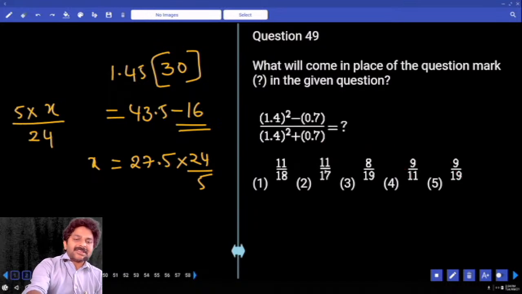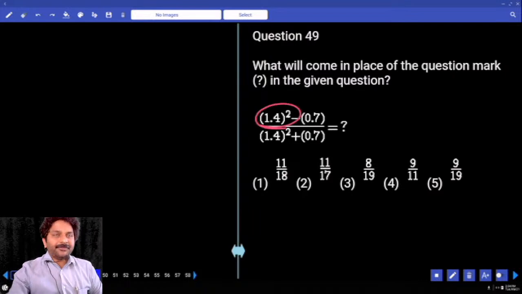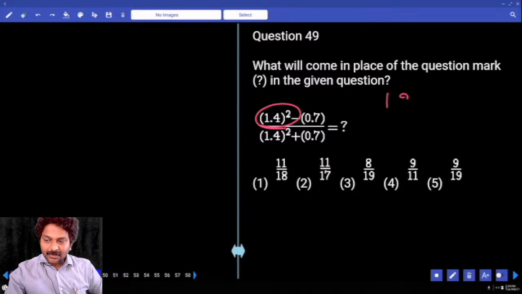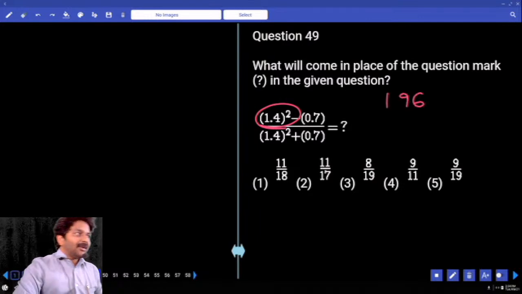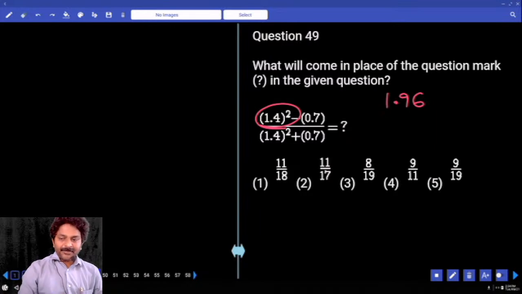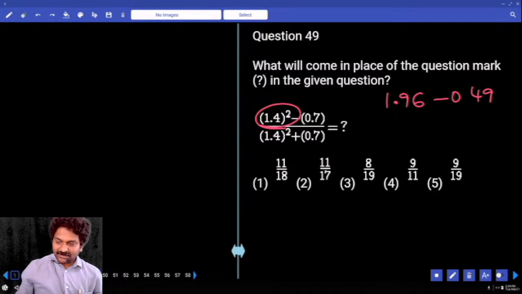Right, don't look at this as algebraic expressions or something like that. 1.4 whole square. Forget about decimal for some time. 14 square. Now if you want to keep decimal, original number has 1 digit. Square should have, that becomes 1.96 only, minus 7 square, 49. So where should I keep the decimal? Oh, sorry.